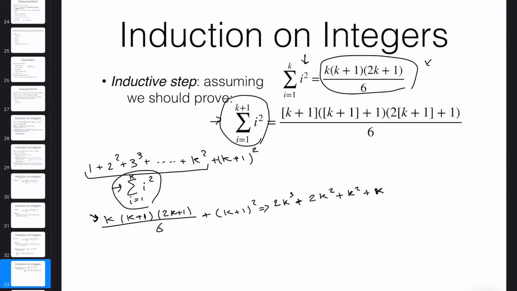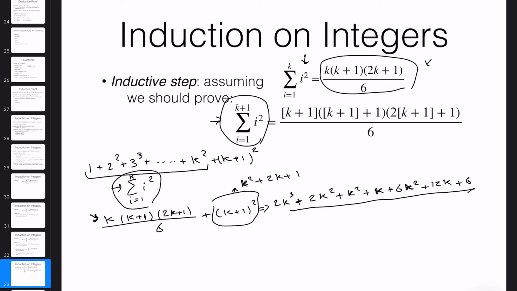This is just the expansion of this part, and I'm going to add the other part to the numerator. So plus 6 times k power 2 plus 2k plus 1, right? So it's going to be 6k power 2 plus 12k plus 6. So this is going to be the whole thing over 6.